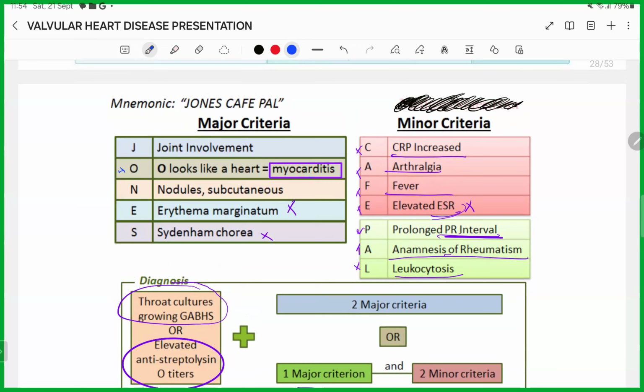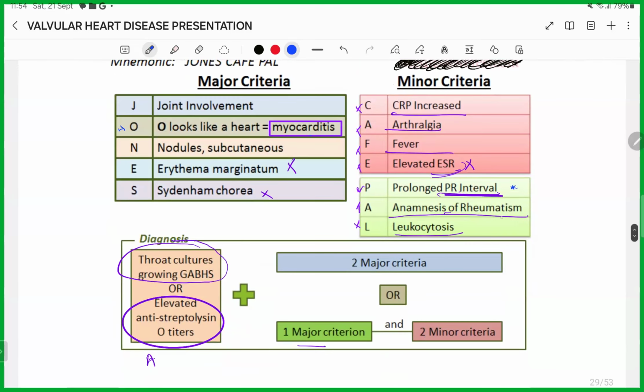So you see increased CRP, arthralgia, joint pain, fever, elevated ESR, prolonged PR interval, anamnesis of rheumatism, leukocytosis. Normally, not all of them are mentioned, but these are the minor criteria.